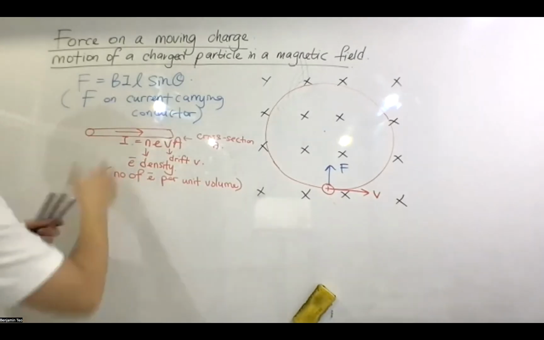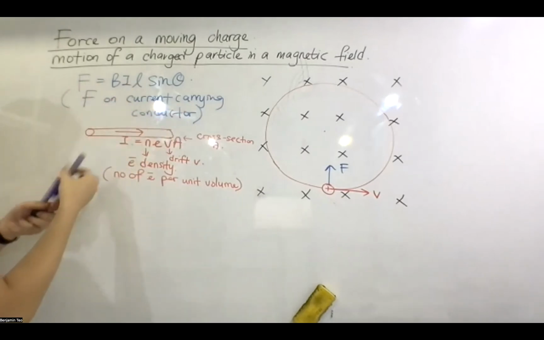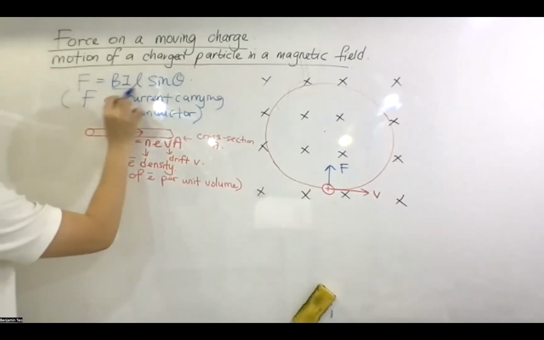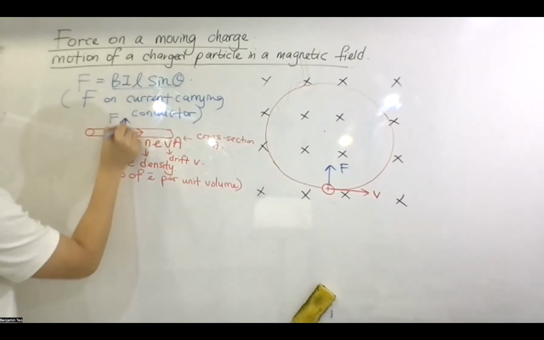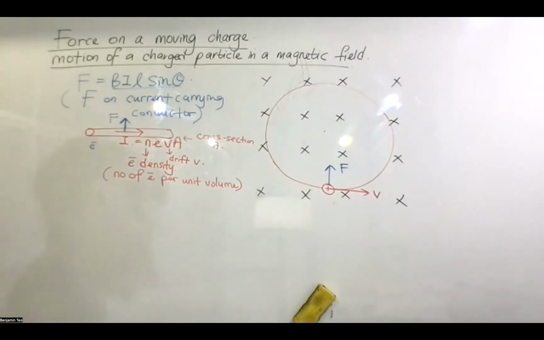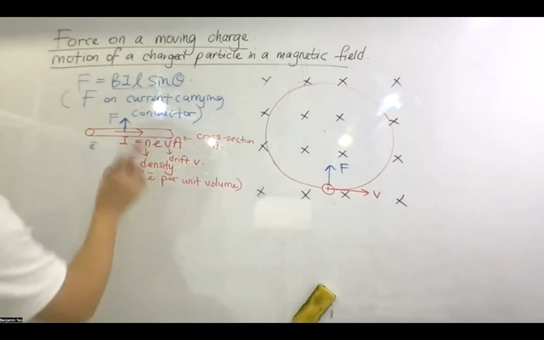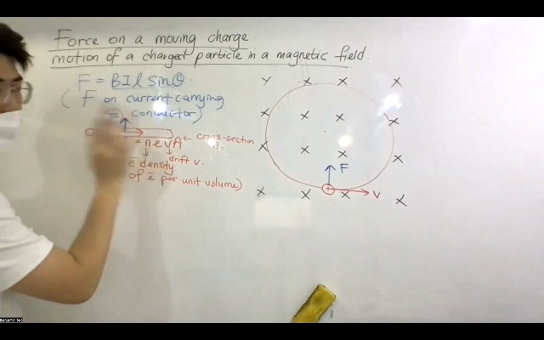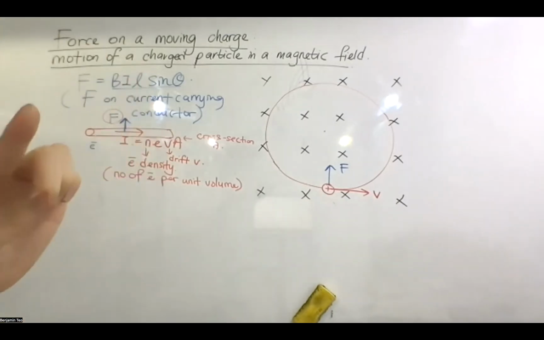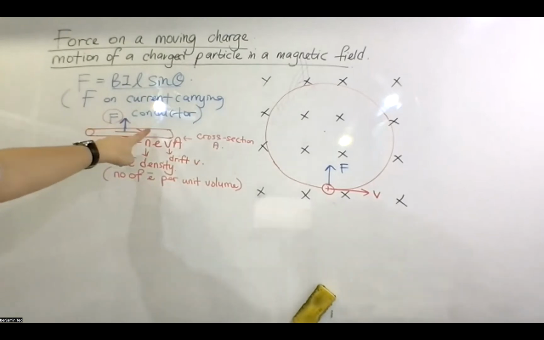Now, force on a conductor. Let's say you have force F acting on this wire. If I want to derive the force acting on only one electron, just one, then I will divide by the number of electrons, right? Again, I have the force acting on the wire, F. To get the force acting on one single electron, I divide the force by the number of electrons inside.